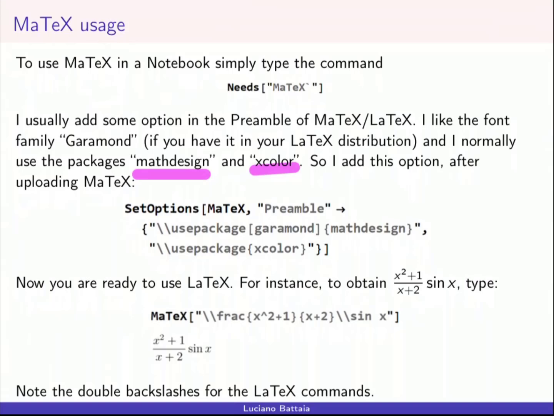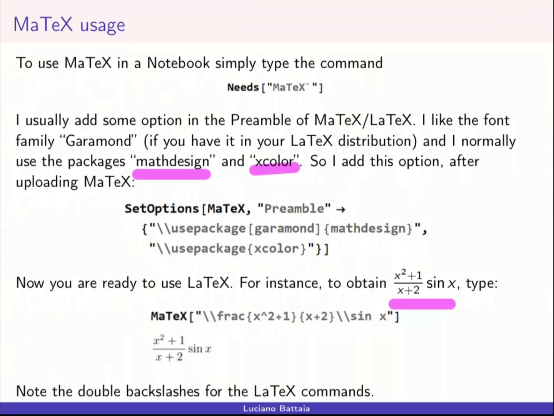For instance, if you want to obtain this simple formula, x squared plus 1 over x plus 2 times sine x, type MathematicaAndLatex frac x squared plus 1 x plus 2 sine x, and you obtain the correct writing in the chosen character that you have used.